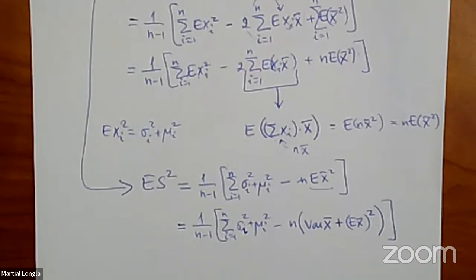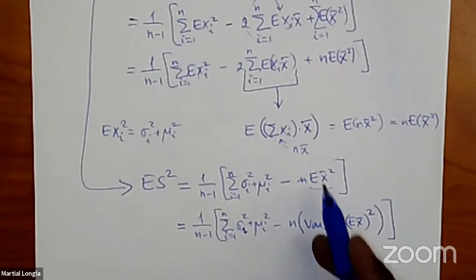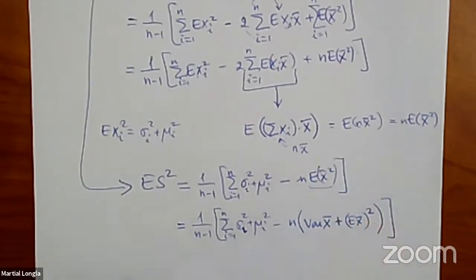All right? Because by definition, the expected value of the square is equal to the variance plus the square of the expected value.